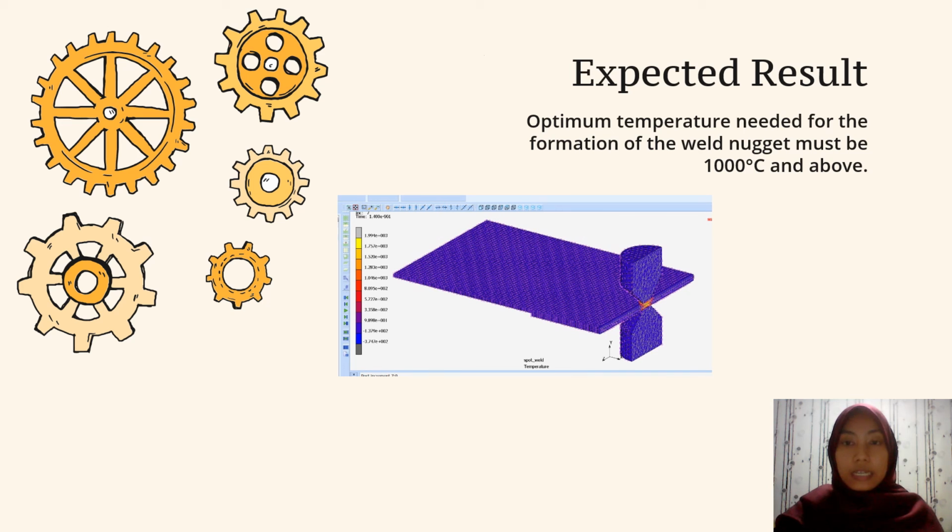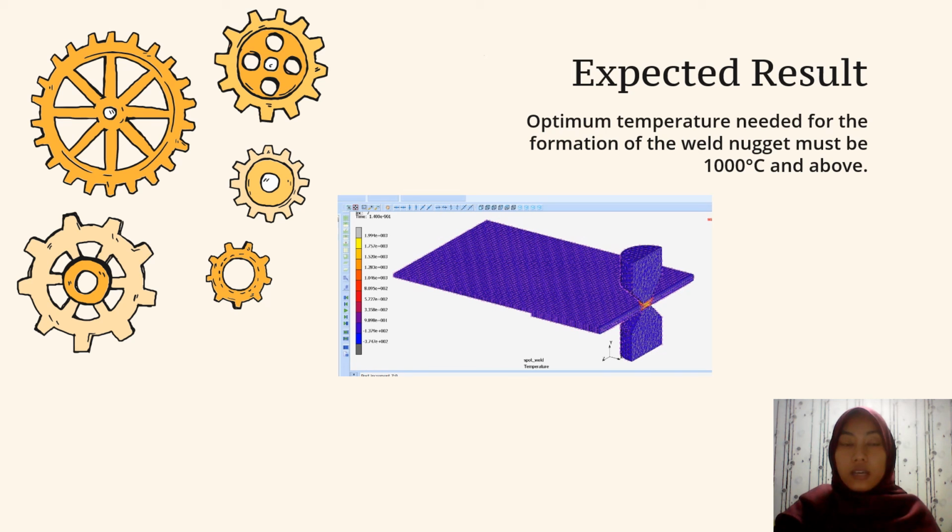And finally, this is the expected result from the simulation of the resistance spot welding. As the conclusion from the simulation, the optimum temperature needed for the formation of the weld nugget must be around 1000 degrees Celsius and above.